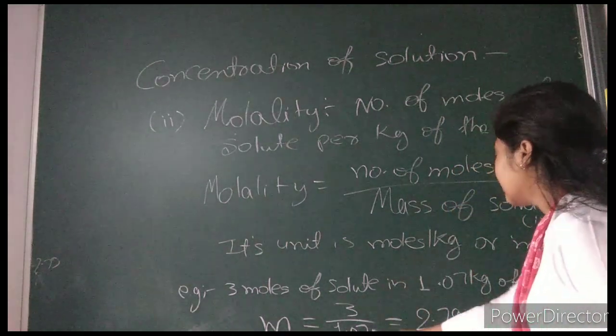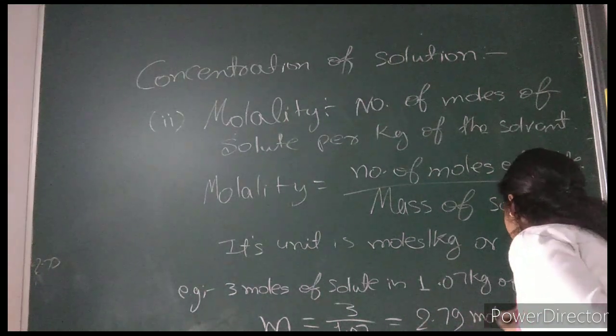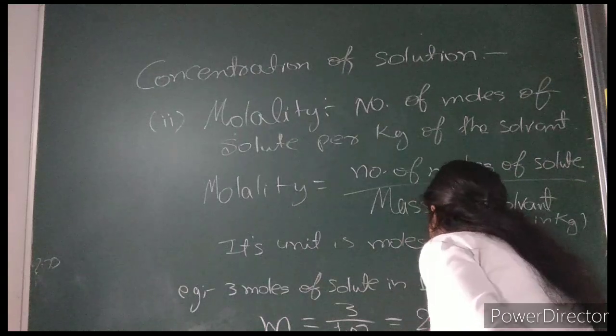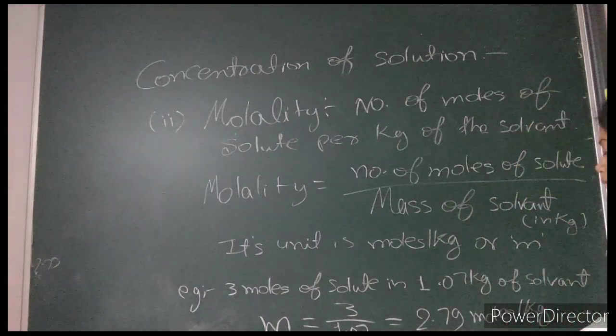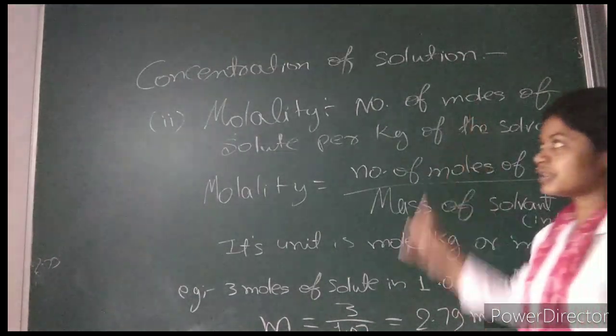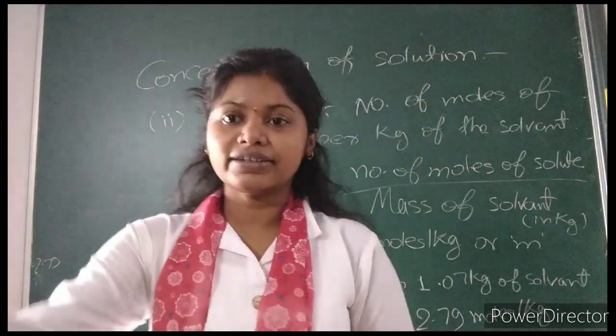The unit is moles per kg, or you can write 2.79 molal, abbreviated with small m. So this is all about molarity and molality. I hope you have understood the concept very well.